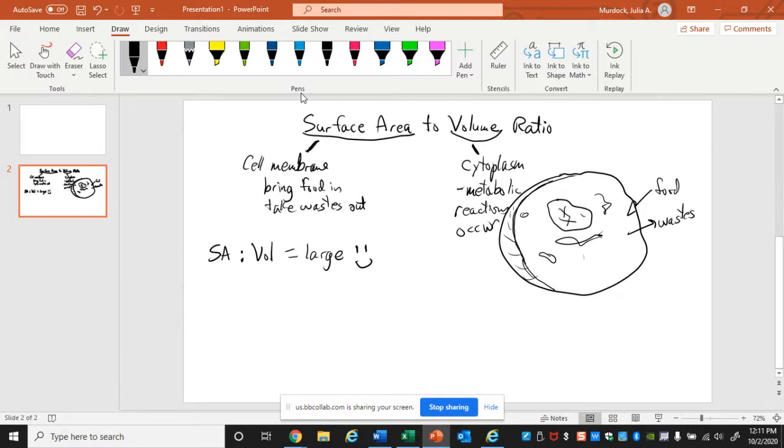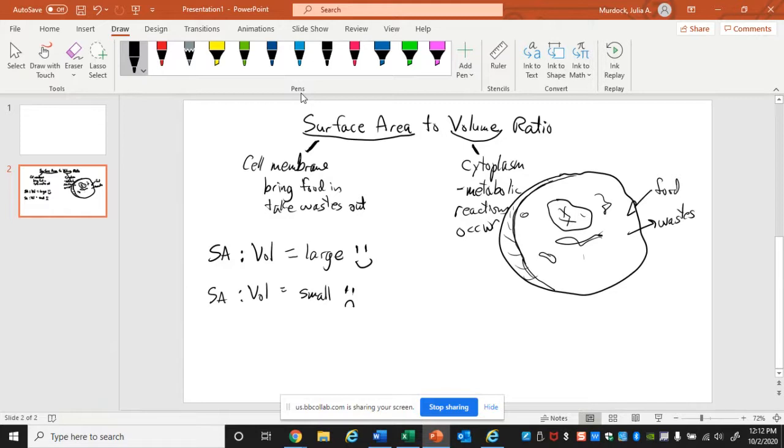You have lots of food coming in, lots of waste coming out. You have enough cell membrane to service the inside of that volume, right? On the other hand, if the surface area to volume value is small, which means you don't have very much surface area compared to the volume, now you have an unhappy cell, right? Because there's not enough cell membrane to pull in enough food and take out the waste for the cytoplasm that exists.